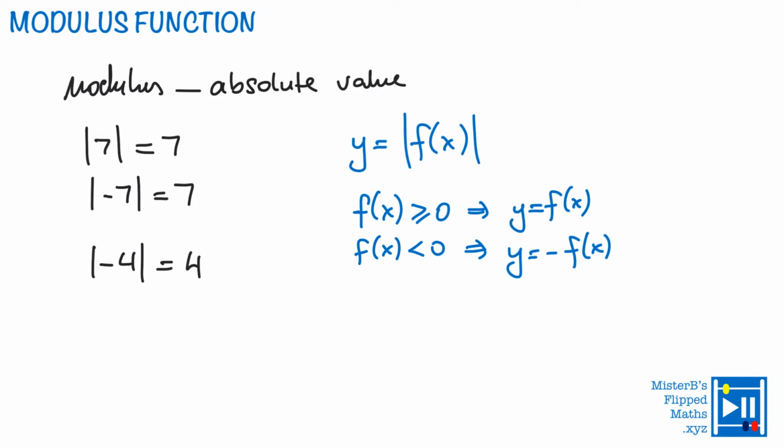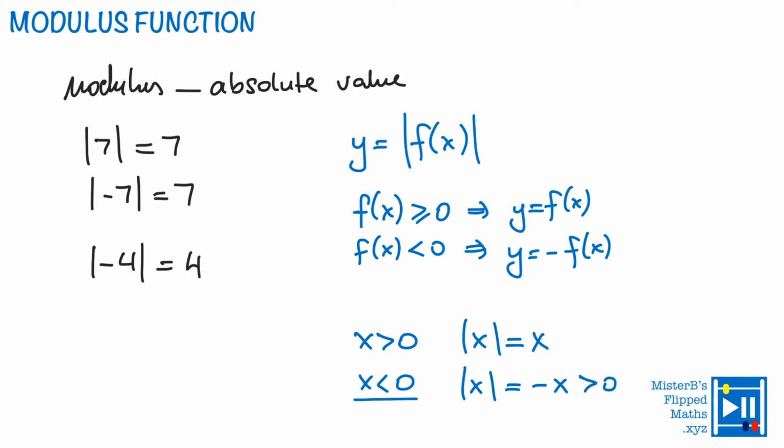Now, let's consider the simplest example. If x is positive, then of course the absolute value of x will be x, regardless of what value x is. However, if x is negative, then I have to write negative x for the absolute value of x, and negative x will be positive because x is negative.